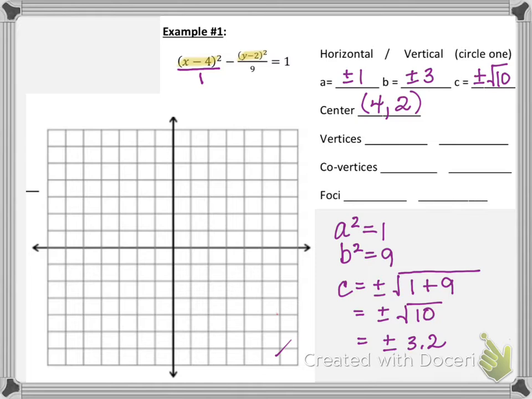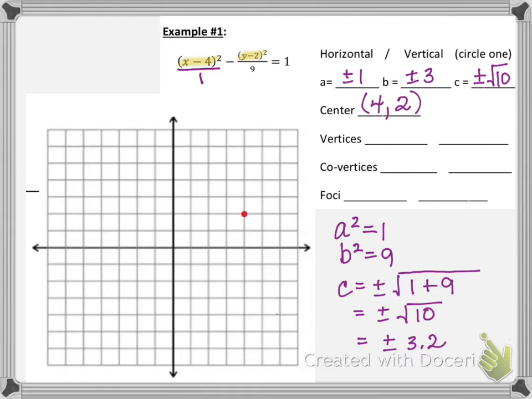Let's put the center at (4, 2). So 1, 2, 3, 4 to the right, and up 2 will be right here. That's our center. Oops, I did not mean to do that. Hold on, technology issues here. Wow, I erased everything. (4, 2).